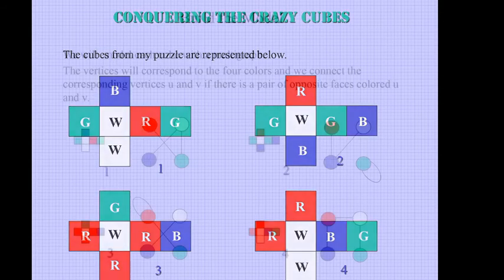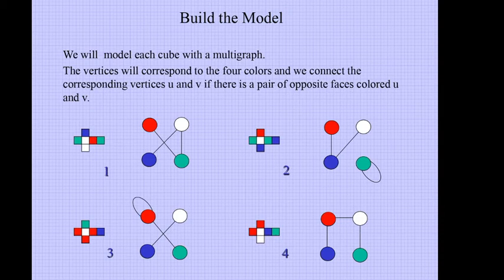Here are some crazy cubes, and these crazy cubes are converted to graphs, and each color represents a vertex, and corresponding vertices U and V are joined to each other if the opposite face colors are paired. For example, here green and red are opposite to each other, so an edge lies between green and red.